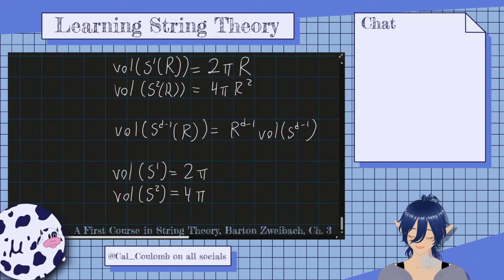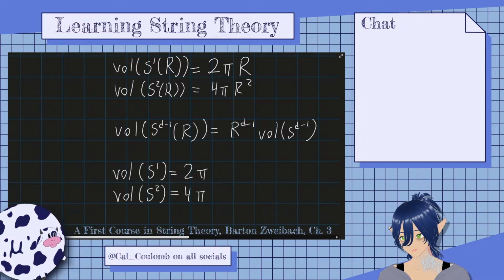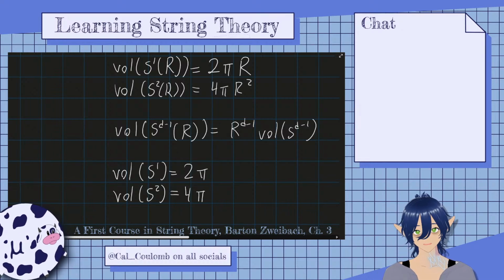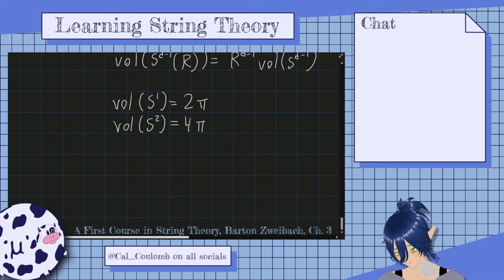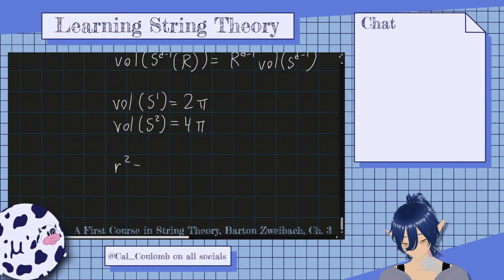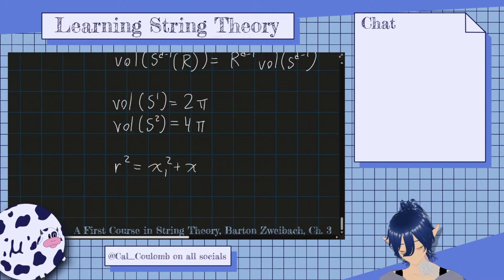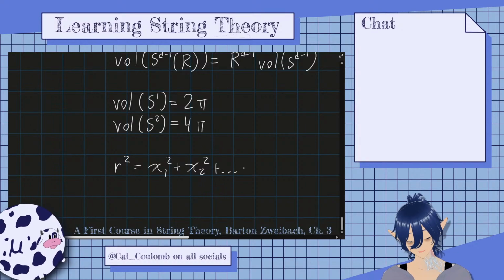Let us now begin our calculation with the volume of the sphere S^(d-1). For this purpose, consider RD with coordinates x1, x2, all the way to xd, and let r be the radial coordinate. This is a lowercase r this time, so r squared is equal to x1 squared plus x2 squared plus ... all the way up to xd squared.